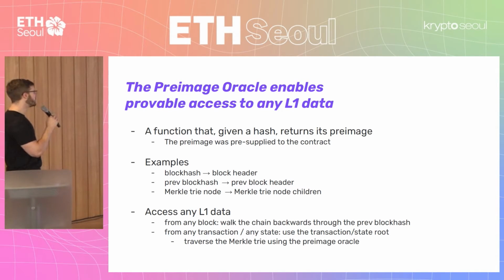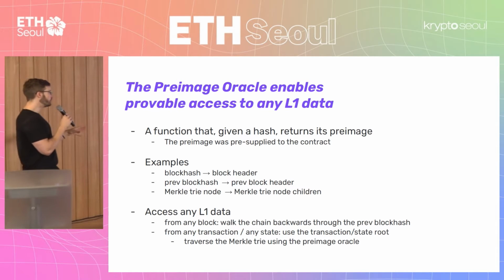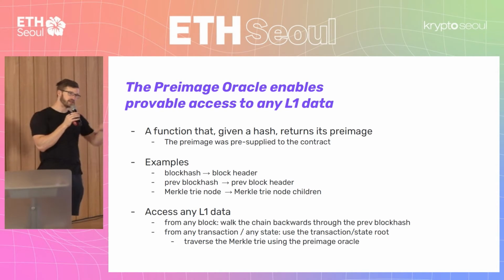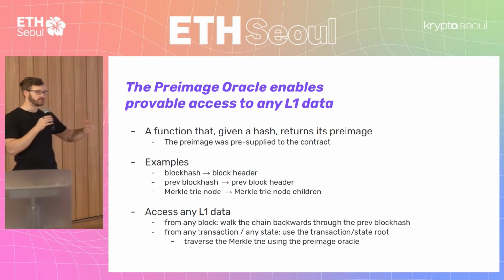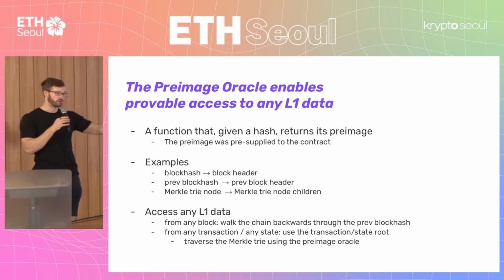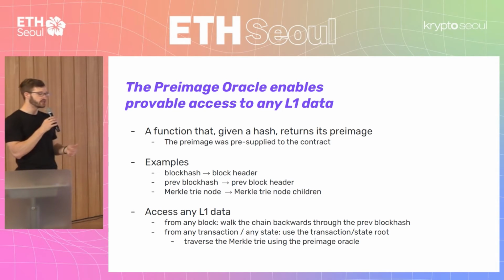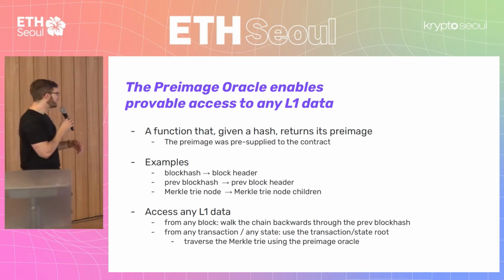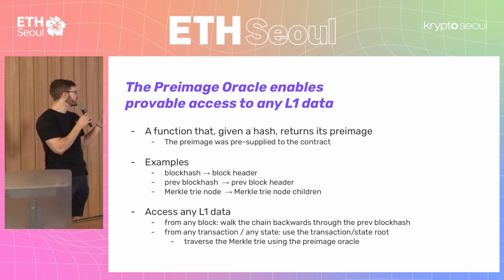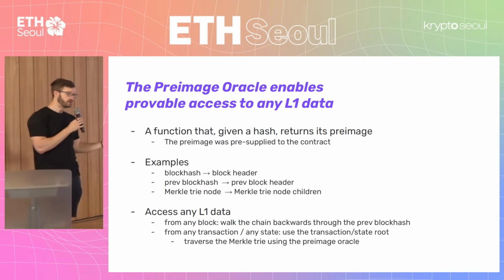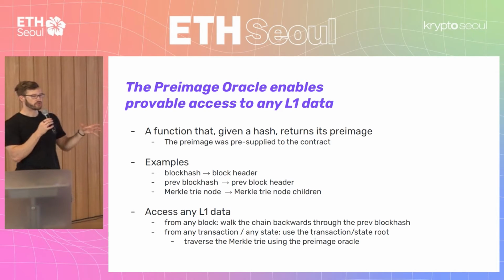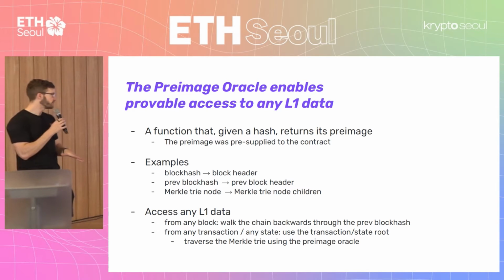And the other thing you can do is prove any state in any block, so any state that the Ethereum blockchain had over all the blocks, or any transaction that was ever included. That's because every block header has a Merkle root for all the transactions in that block, and a Merkle root for the whole state of the blockchain in that block.